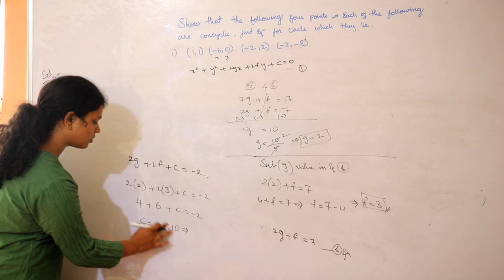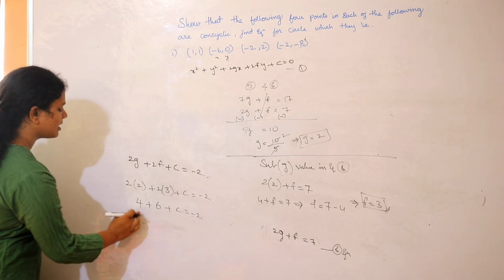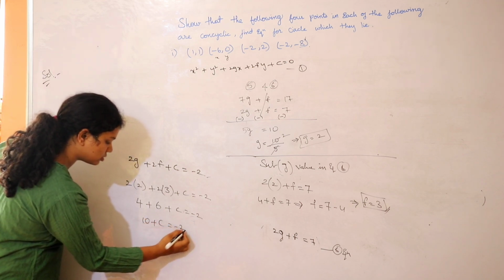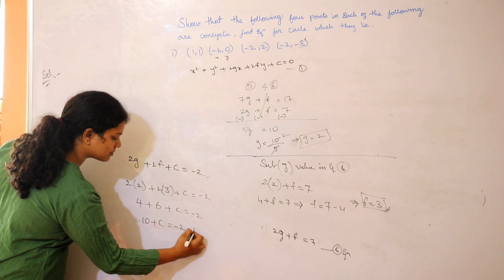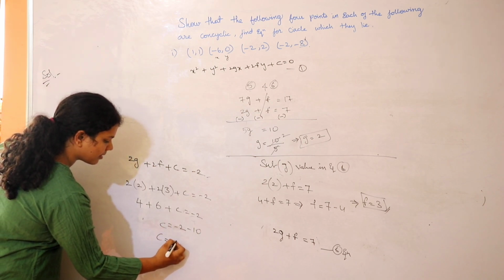So if you go like this, it's minus 10, not plus 10. So guys, this is 4 plus 6, 10. So 10 plus C equals minus 2. Take this 10 to the other side, this becomes minus 10. Right? So C is equal to what?